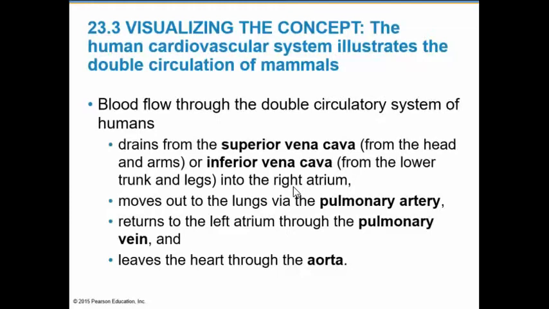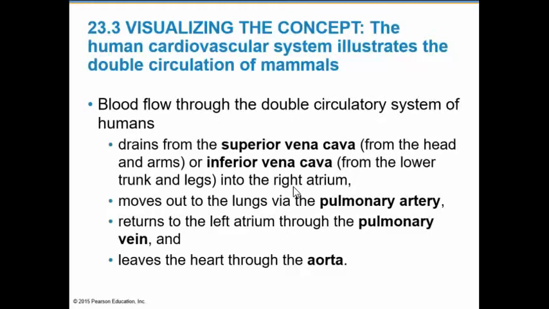Then this blood flows into the right ventricle and is pushed via the pulmonary arteries. There's a set to each lung where the blood is oxygenated. And then the blood returns by means of pulmonary veins back to the left atrium, then to the left ventricle.